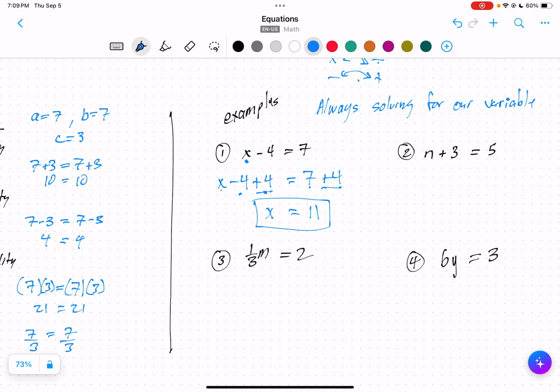I can check my work by substituting the value back into the equation. So x is 11, and I can check, is 11 minus 4 equal to 7? That was the question. And sure enough, 7 is equal to 7, and we know that the value must be 11.